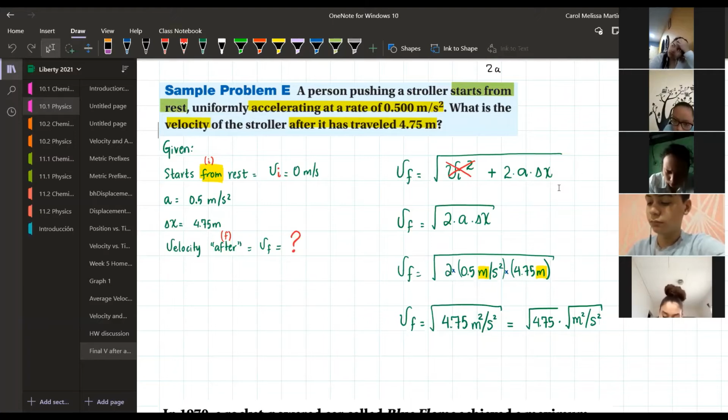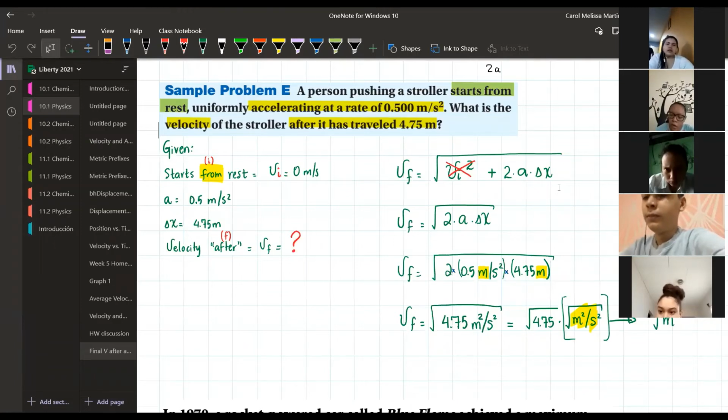So what happens here? You have to get the square root of 4.75, but also the square root of the units. And just this part is also equal to the square root of meter square over the square root second square.